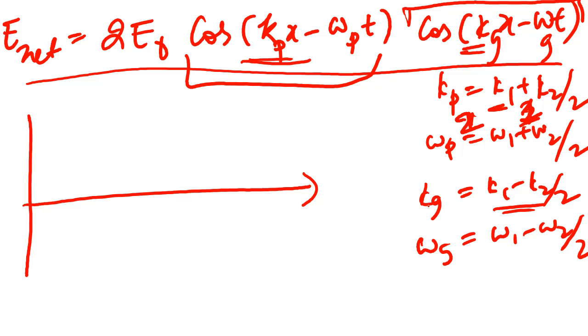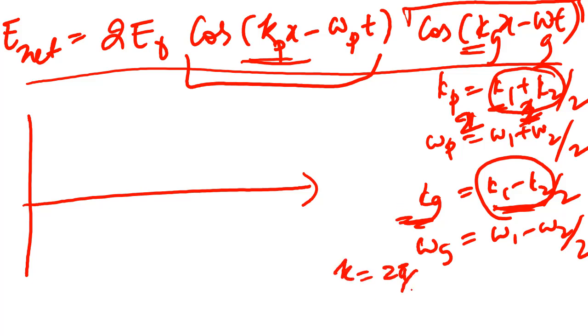So k1 minus k2 is smaller than k1 plus k2, and this wave number k is inversely proportional to the wavelength. So if it is smaller here, you would have a longer wavelength. k1 minus k2 is a smaller number, so lambda, the wavelength, would be longer.